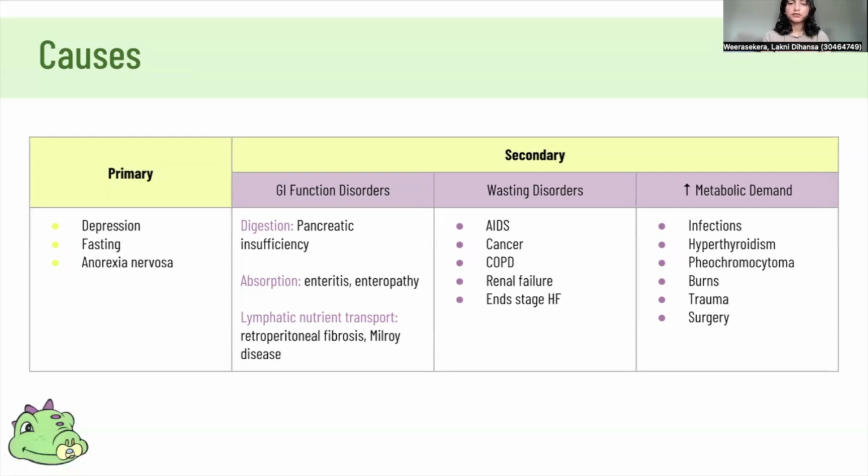In terms of GI function disorders, you have pancreatic insufficiency, enteritis, enteropathy, and also changes in the lymphatic nutrient transport. Some wasting disorders are AIDS, cancer, COPD, renal failure, and end-stage heart failure. And conditions that increase the metabolic demand are infections, hypothyroidism, pheochromocytoma, burns, trauma, and surgery.